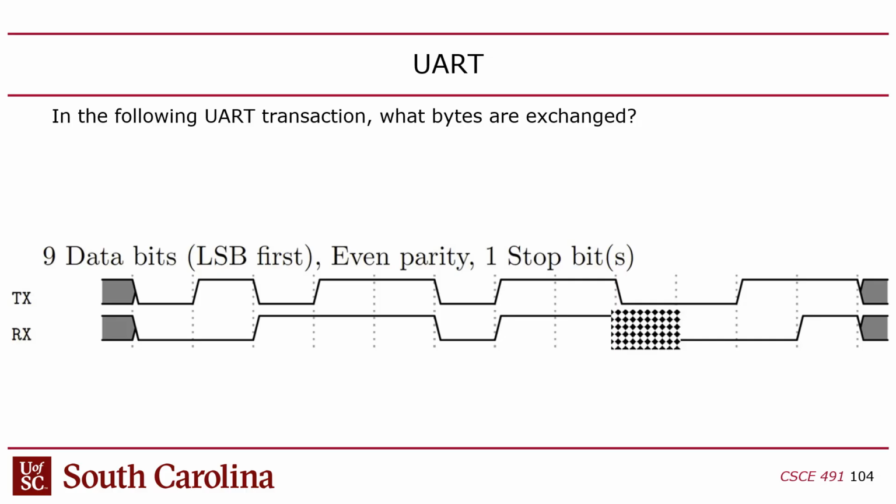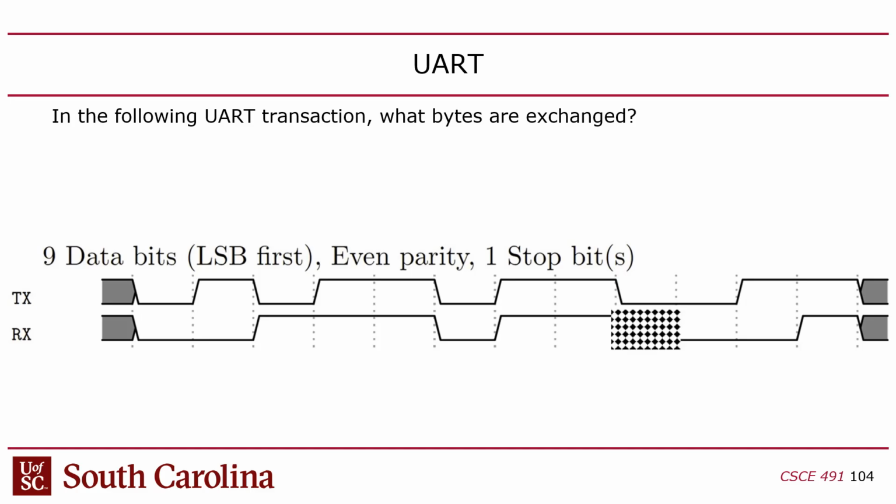It's bidirectional, but unlike SPI, the bidirectionality is managed independently on both sides. It's not like SPI where MOSI and MISO work together in an exchange. In the case of UART, I can send a couple things on transmit and then get a couple things back on receive. They're not linked. They're shown that way just because of a limitation of the software I wrote that generates these timing diagrams, okay?